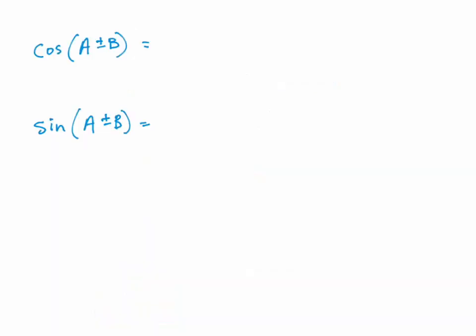So we'll talk about the sum and difference of cosine and sine first. For cosine, if we have the sum or difference of two angles, A plus B or A minus B, how we evaluate this is we say cosine of the first angle times cosine of the second angle, and then we change the operation.